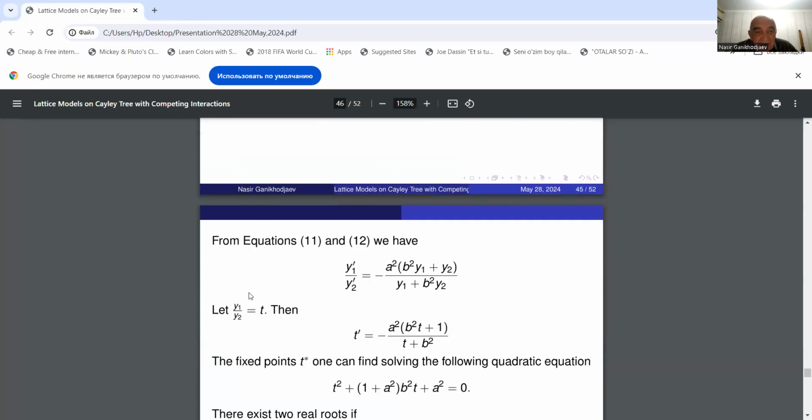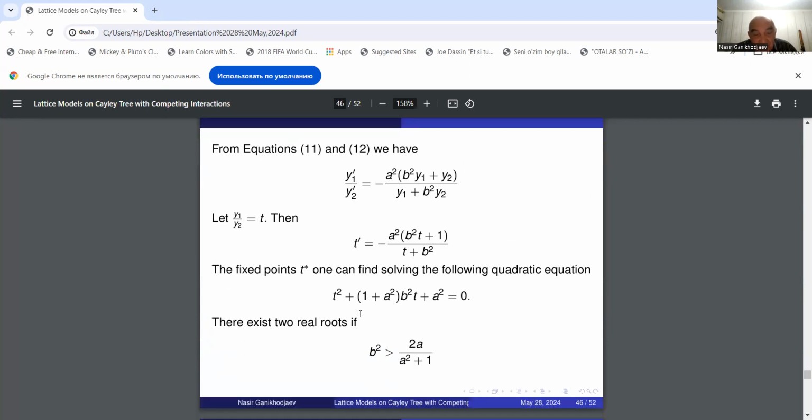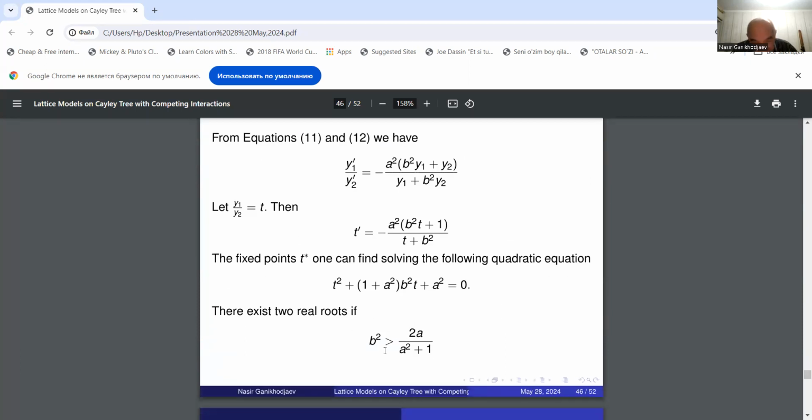So introducing a new variable, the ratio y1 over y2 is t, in the limit we come to a simple quadratic equation. And for this quadratic equation, there exist two real roots if the discriminant satisfies the condition. The discriminant is greater than zero if we have this inequality.